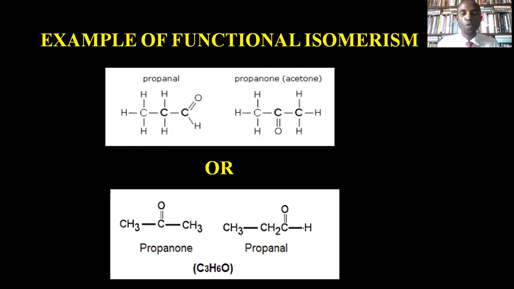The same chemical formula, but different functional groups. Look at the position where the O is. It's the same chemical formula, but different structure, with the functional group located differently.